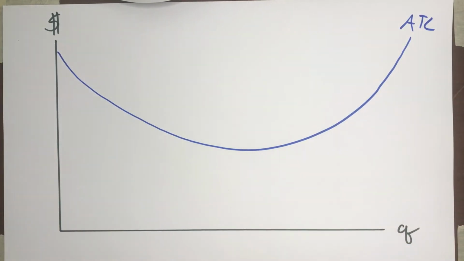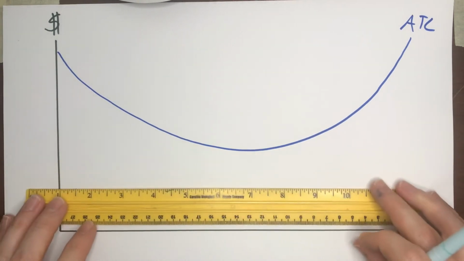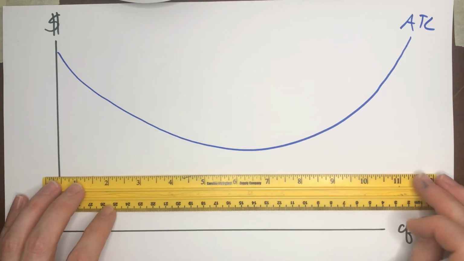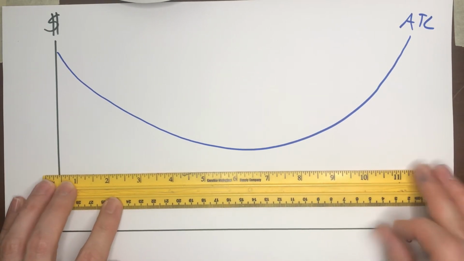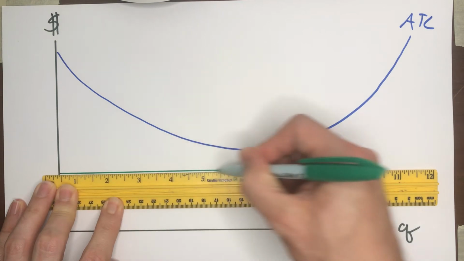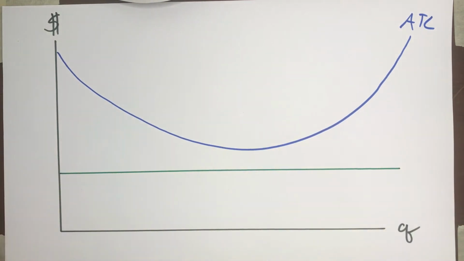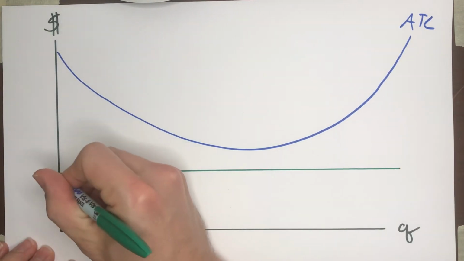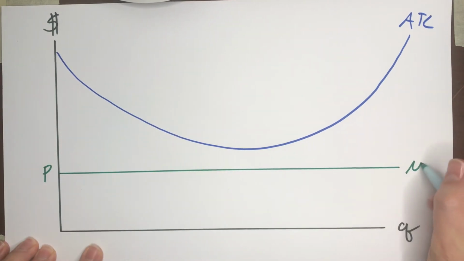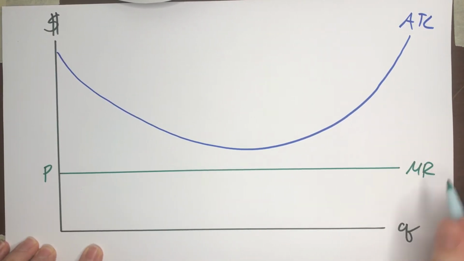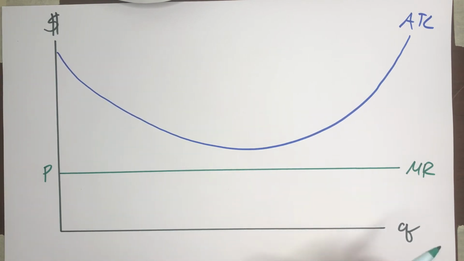There's your firm's average total cost. Marginal revenue is just a straight line. And we'll set it, put it right here. So that's the price that you can charge, which is also your marginal revenue curve because this is the chapter on perfect competition.